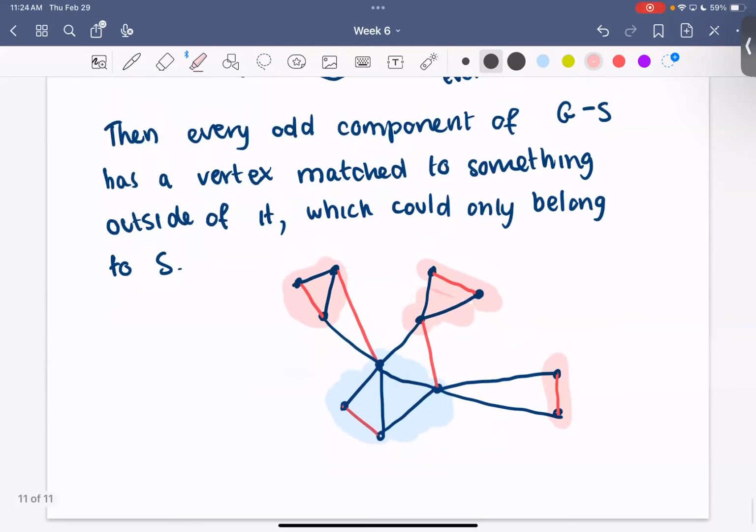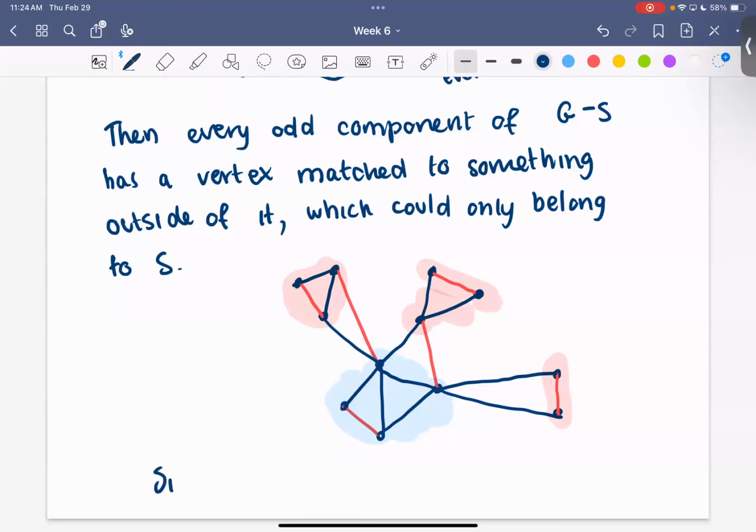So every odd component is matched to something in S. And furthermore, those have to be distinct vertices of S because every vertex is only contained in one edge in the one factor, right? So this is one of my edges going from an odd component to S. Here's another such edge, and their endpoints in S have to be distinct.